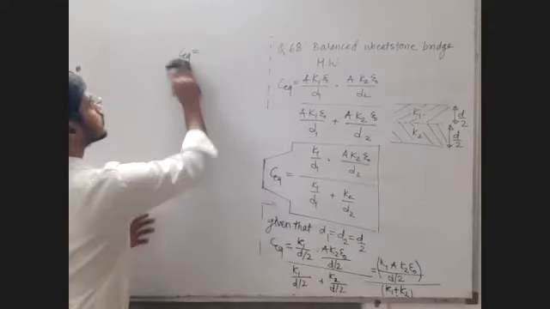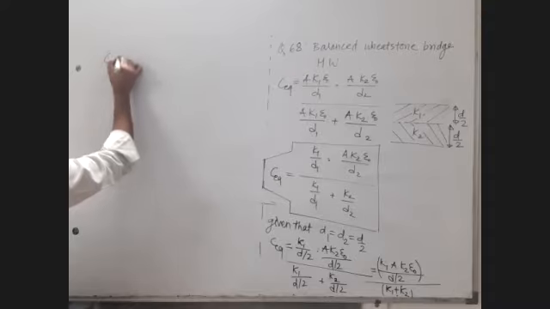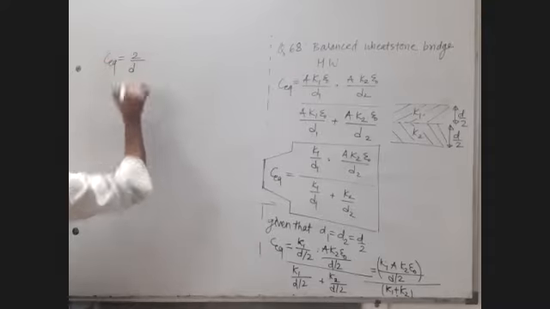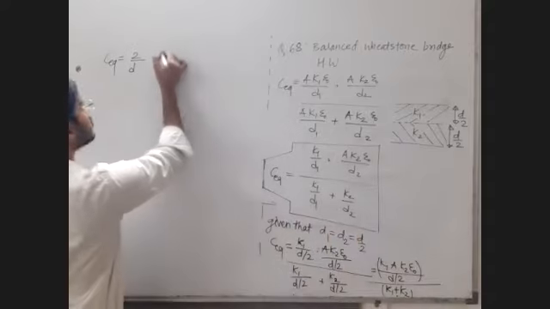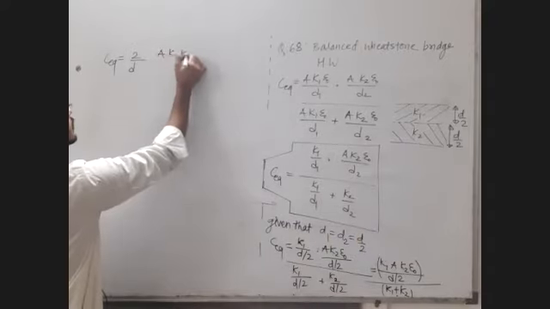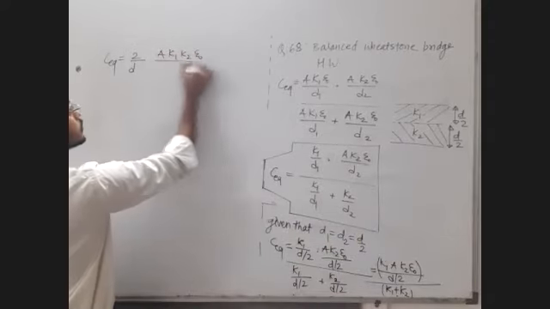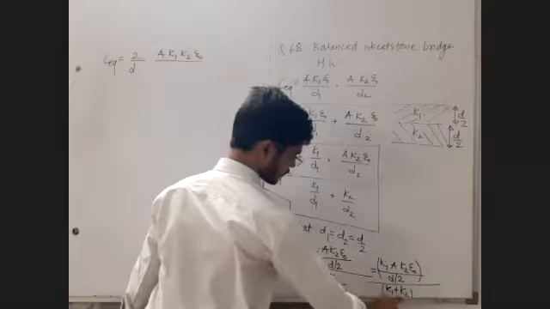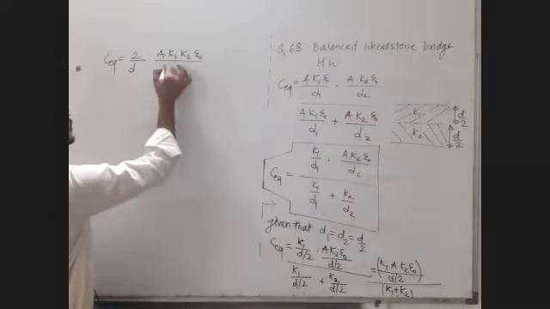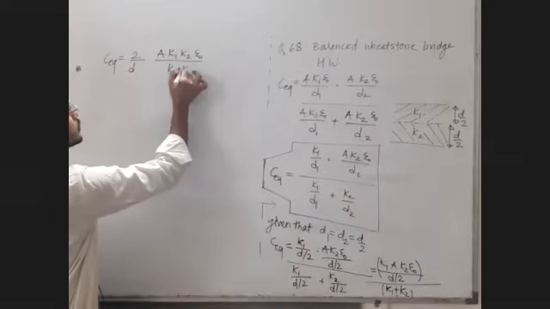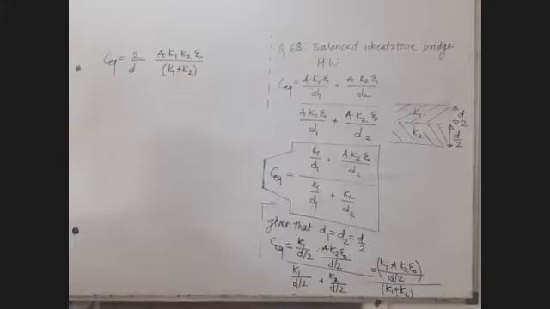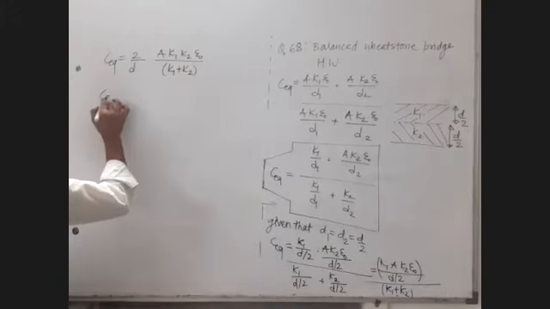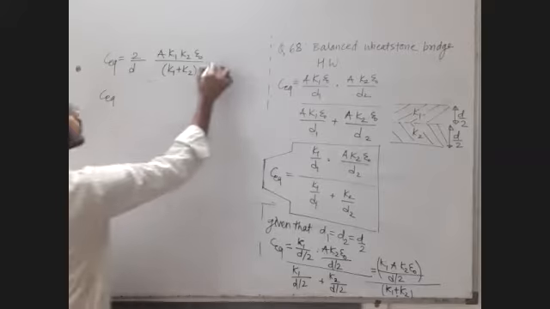So 2 by d, this A K1 K2 epsilon 0 in the numerator, and this K1 plus K2 in the denominator. That's it. Now call this C equivalent the final answer.